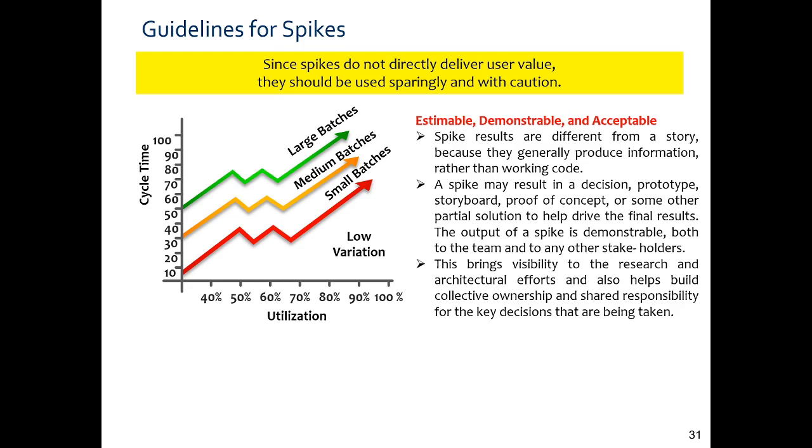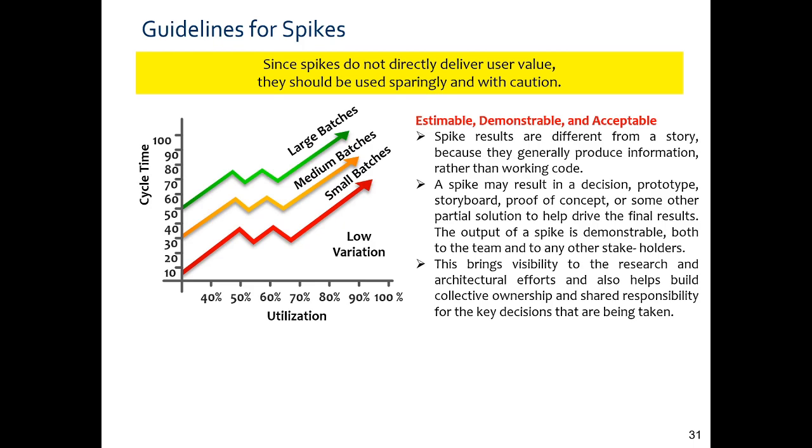So how to manage them is a difficult question altogether. If it comes in small batches, okay, so medium batches, then there will not be any kind of problem in working out with the utilization. Spikes, they are not directly delivering any user value, but they demand that they should be accommodated, isn't it?